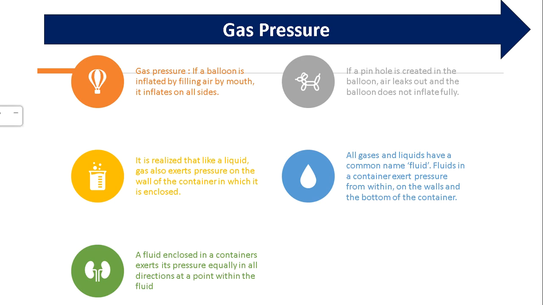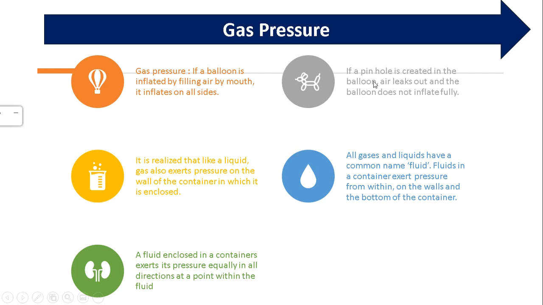Now the gas pressure. An example for gas pressure is given here: if a balloon is inflated by filling air by mouth, it inflates on all sides. It is realized that like a liquid, gas also exerts pressure on the wall of the container in which it is enclosed. A fluid enclosed in a container exerts its pressure equally in all directions at a point within the fluid.